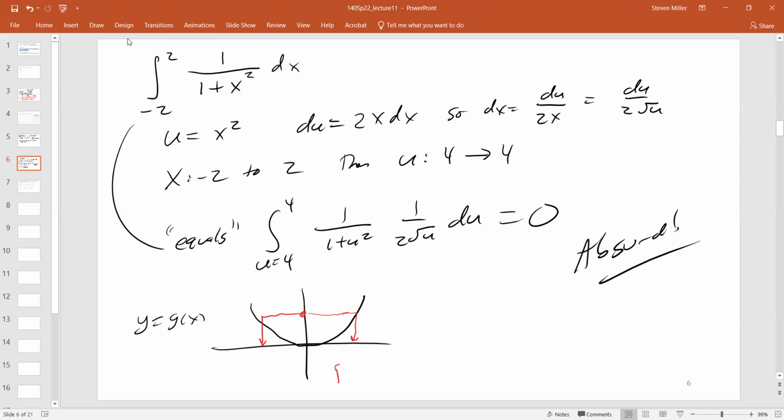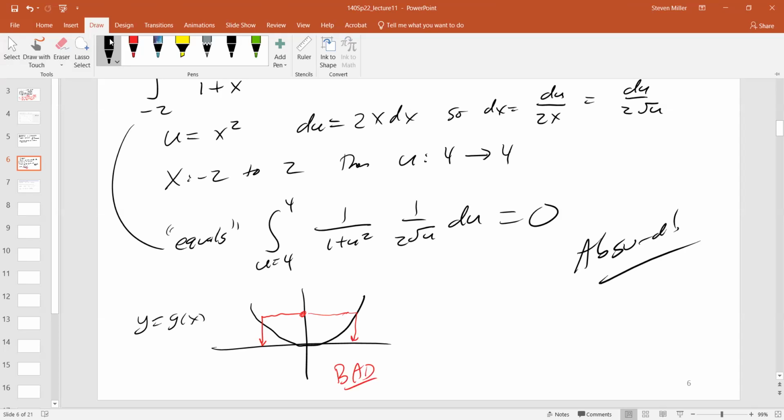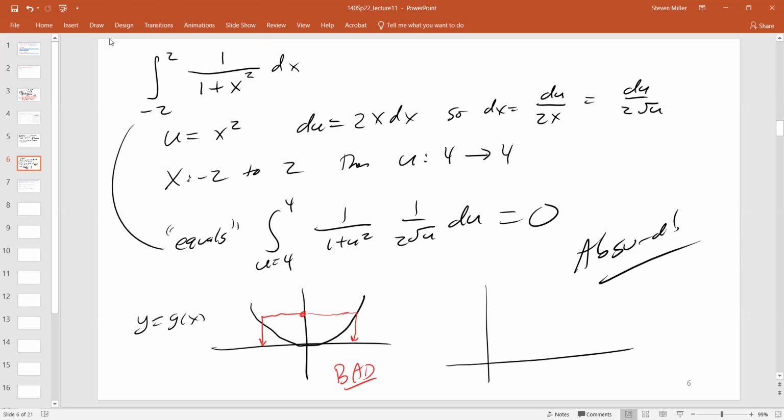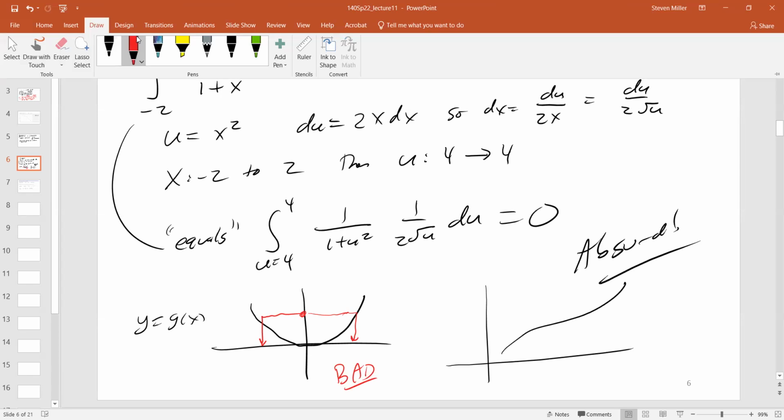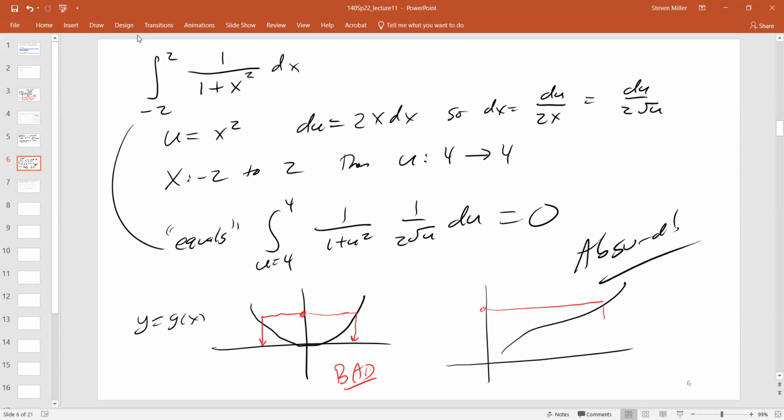This is bad. What I want is something like this, some kind of curve like this. So you give me a value here, there's one and only one value of x that goes with it.